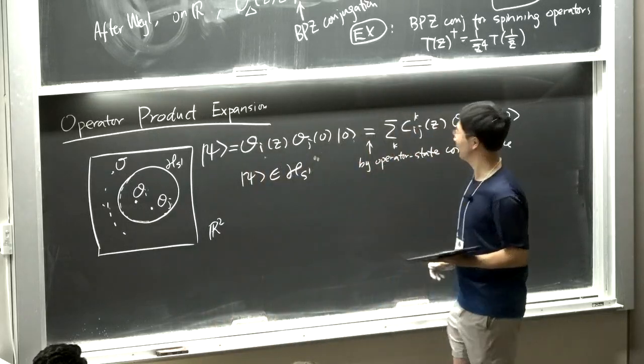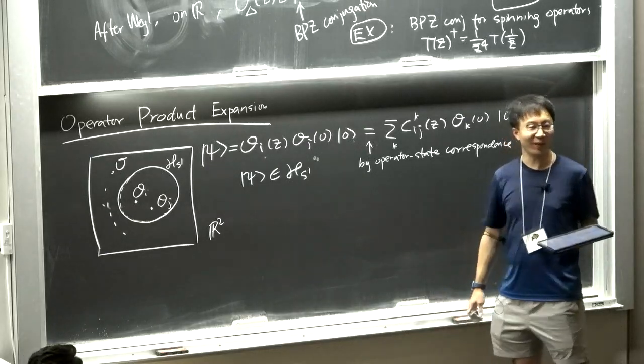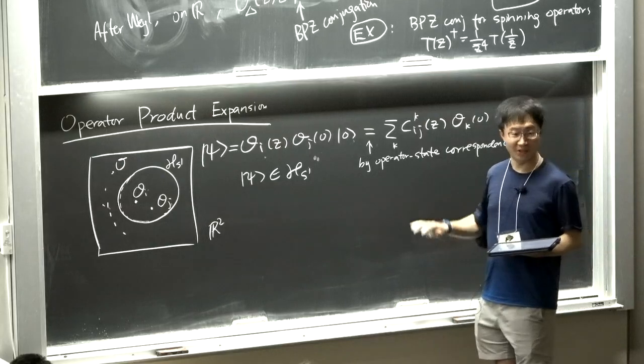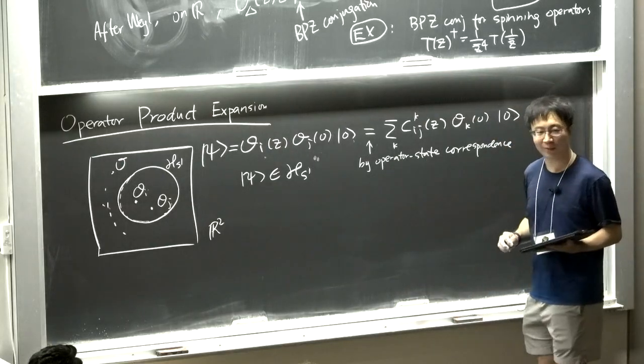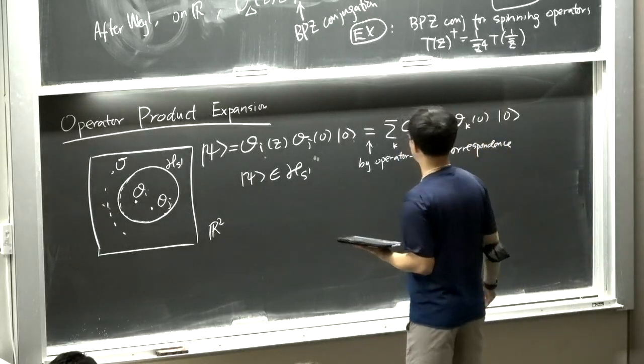But you may still complain, is this a formal sum? This is going to be an infinite sum, and then you complain whether this sum converges. So the statement is that this is convergent.